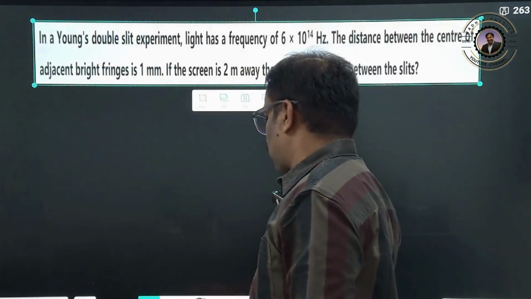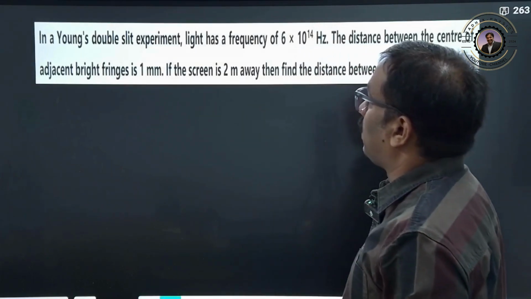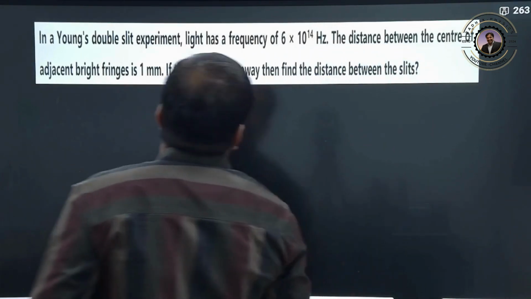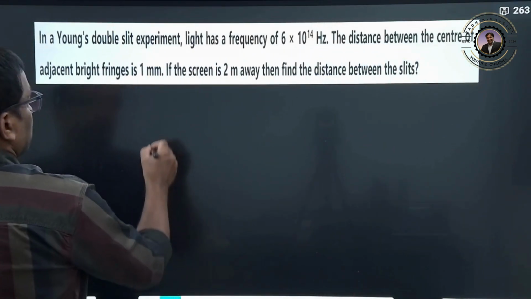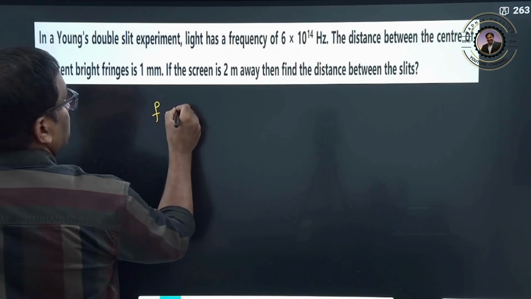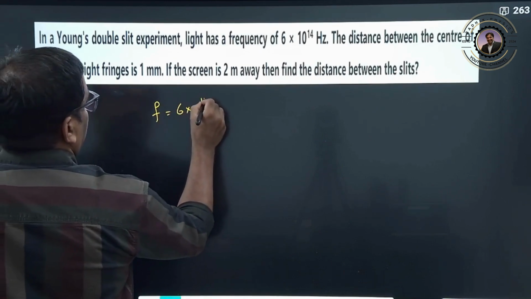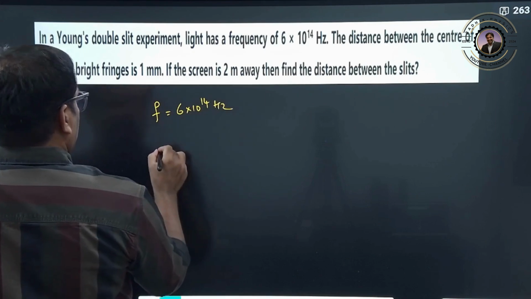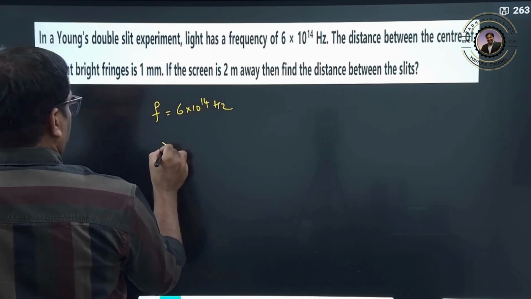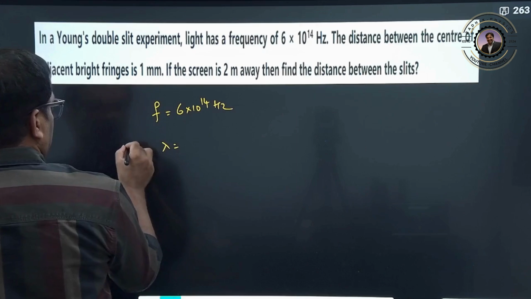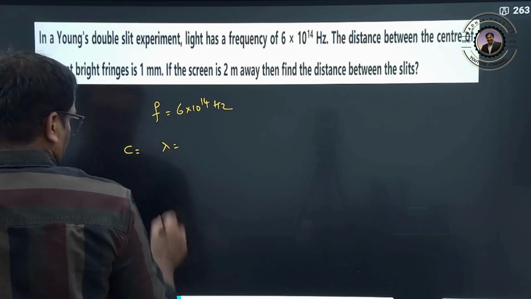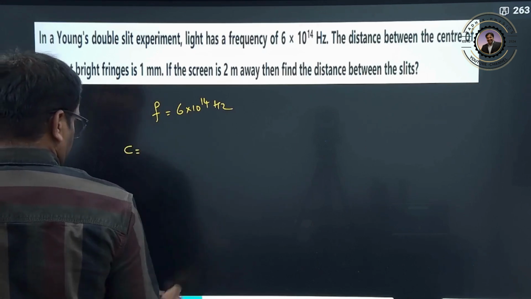Right. So now in the double slit experiment, the light has a frequency. It is given that the light frequency is 6 into 10 to the power of 14 hertz. Therefore wavelength can be written as: C is equal to wavelength into frequency.